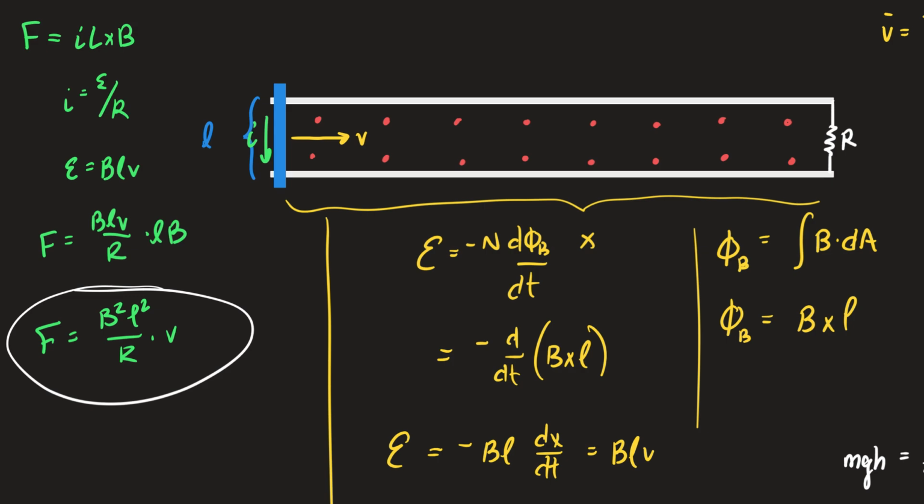The bar is moving to the right, and because of this scenario, because it's a closed loop and because of a magnetic field, we have a change in magnetic flux. And that magnetic flux change is going to cause a current to run through this particular loop, but the current, as it runs through the loop, interacts with the magnetic field. And that interaction applies a force to the bar.